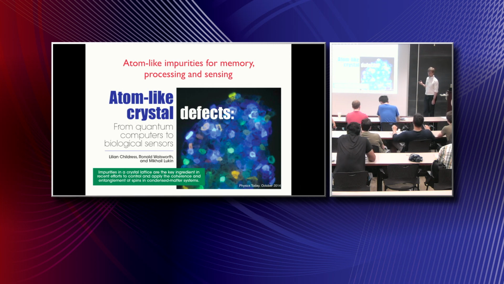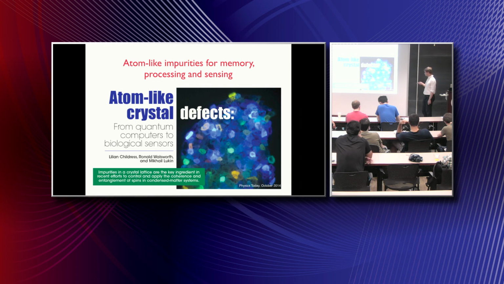Clean diamond would generally be extremely transparent and would not have any color, but to have a color, you have to create some imperfections in these crystals, and these imperfections often have optical transitions. They fluoresce, and that's what gives diamond a color.